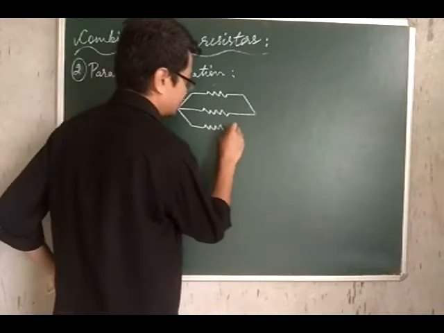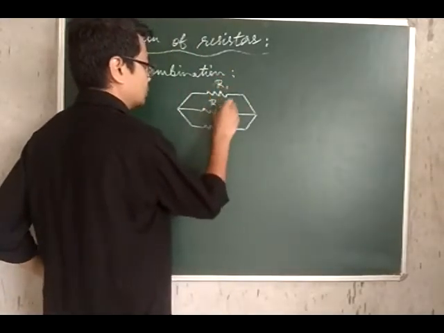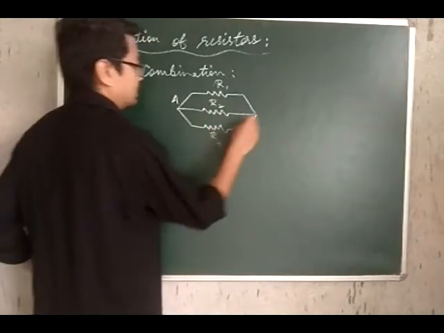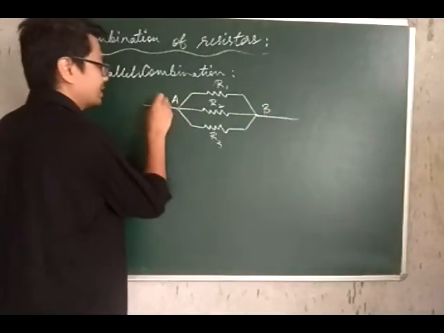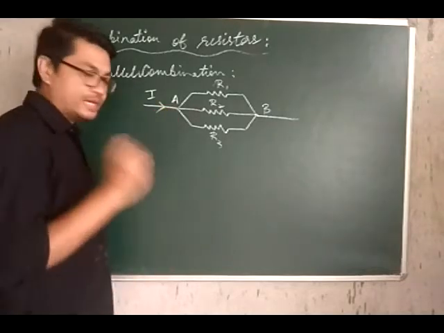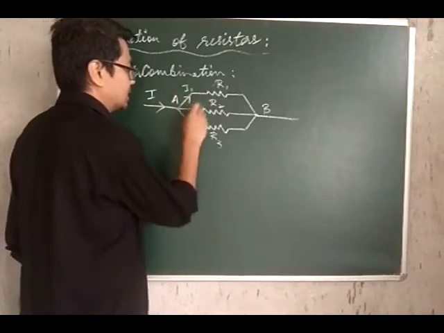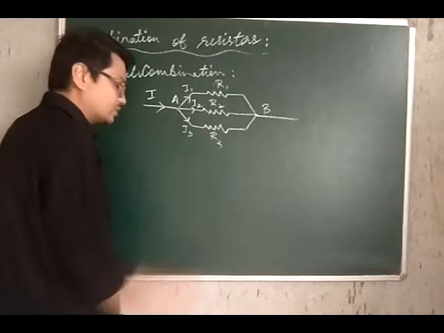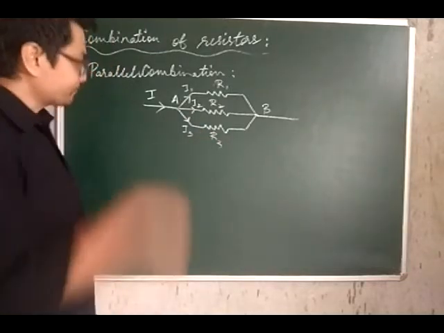So this is your R1, R2 and R3, and say this is point A and this is point B. We've already seen, if a current I comes towards the junction point A, then say I1 is flowing through R1, current I2 flows through R2 and current I3 flows through the resistor having resistance R3.